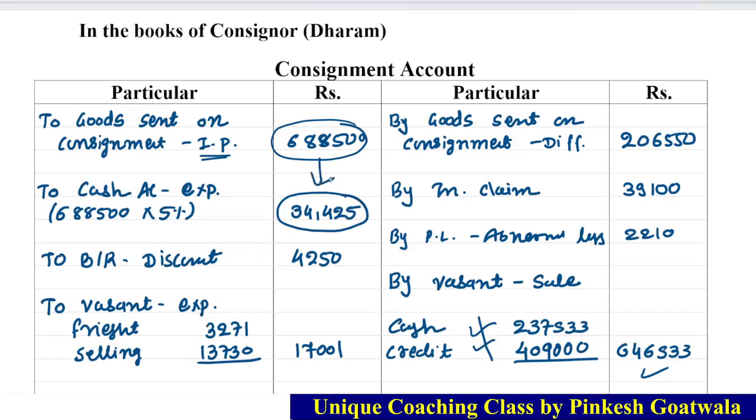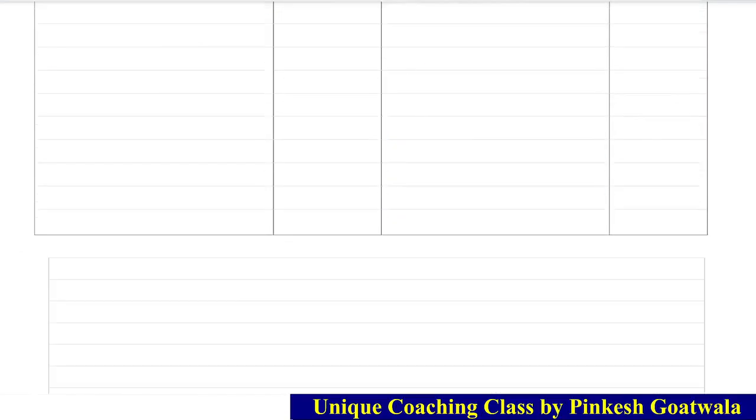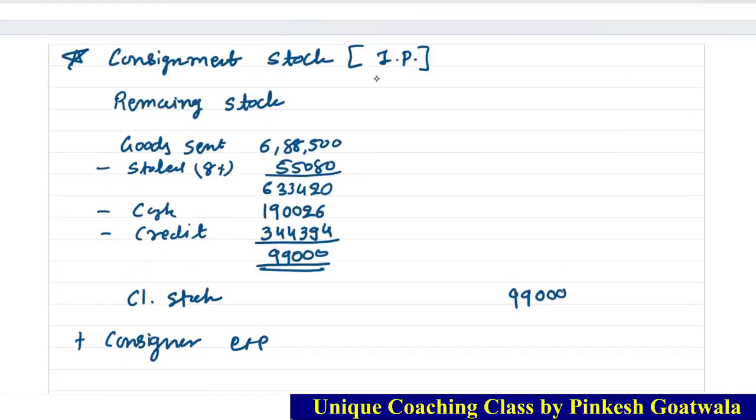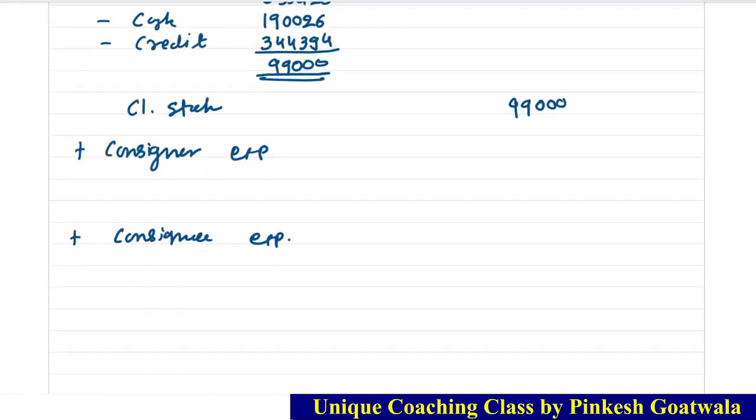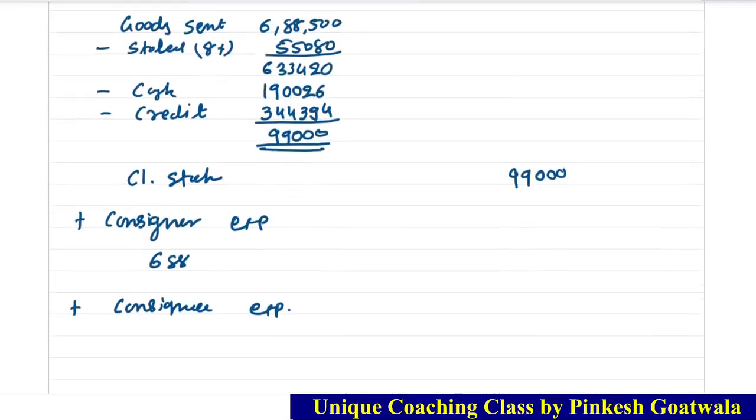So આ price, આ આટલા goods માટે 34,425 નો expense થયો છે. So here remember we should now always consider invoice price. So how much is the invoice price? 688,500. Okay, આટલું જે goods હતું એની પાસે જે expense થયો તે 34,425, and right now we have goods 99,000. So what will be at 99?